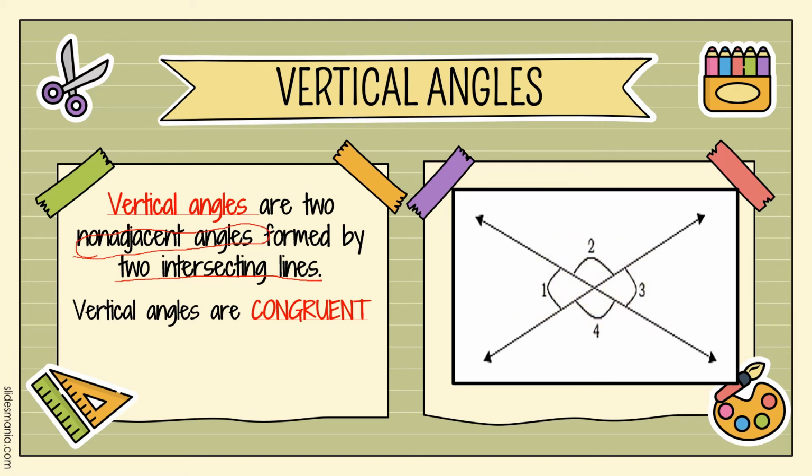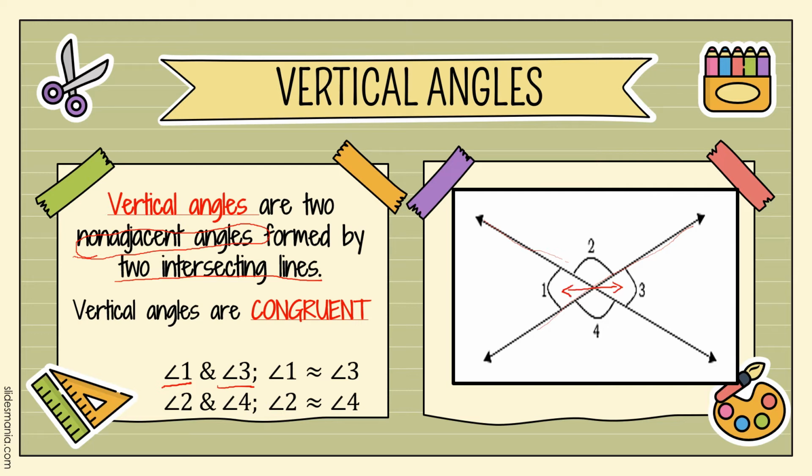As you can see, we have this intersecting line, and then we have another line here. These intersecting lines form four angles, namely angle 1, angle 2, angle 3, and angle 4. We can say here that angle 1 and angle 3 are vertical angles. They are opposite.